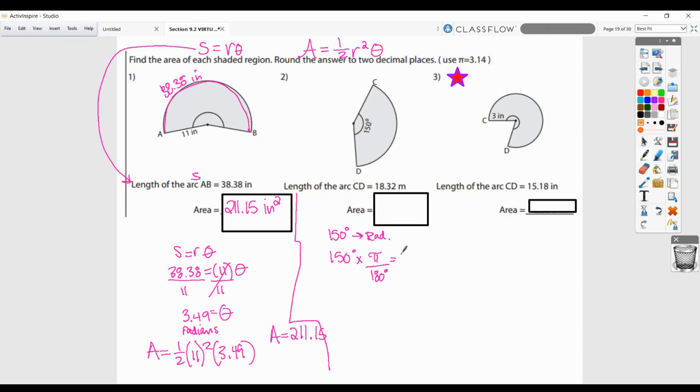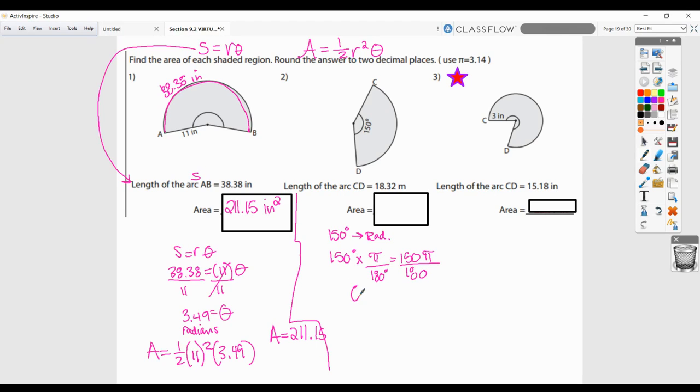All right, so we're going to multiply straight across here. Because we're using this formula, we're actually going to use the decimal of this. So we're going to do 150 pi, using the pi button on your calculator, which is on the left-hand side, divided by 180.